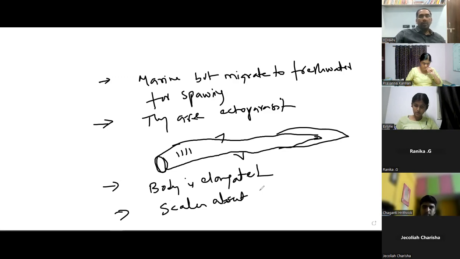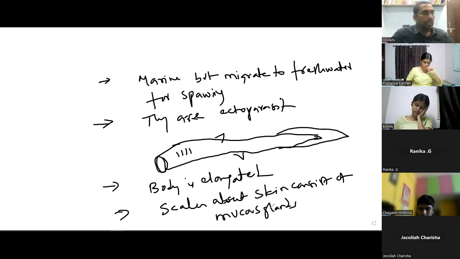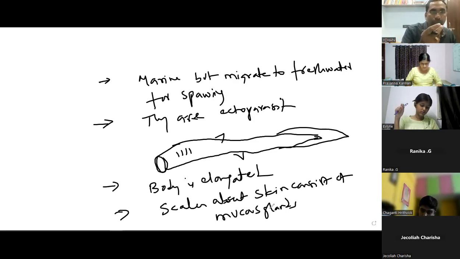Skin consists of mucus glands. Mucus glands, sticky substance for easy passage in water. I think you heard this term mucus. In elementary canal, we can find a secretion called mucus. Even in saliva also, we can find some mucus.